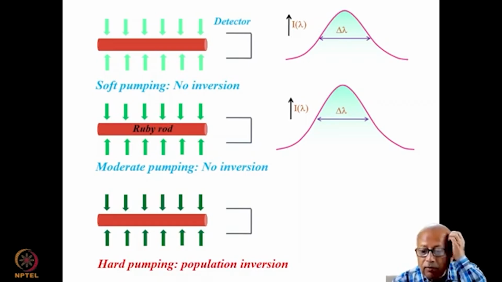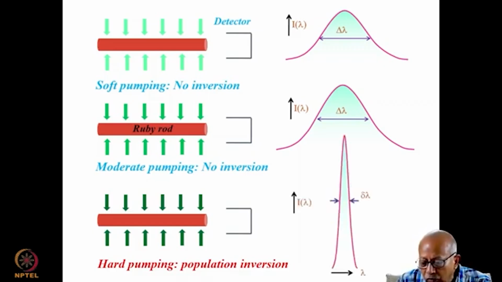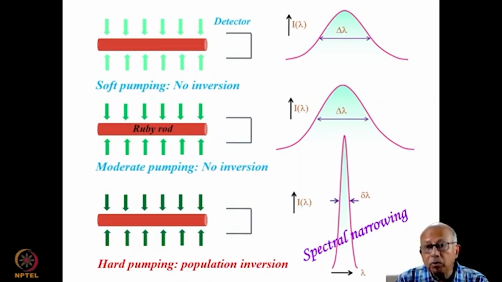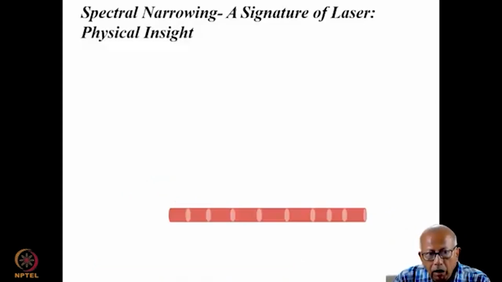And in this case, Maiman found a significant narrowing of the spectral width of the fluorescence, as the probability of stimulated emission at a given frequency increases with increasing presence of photons at that frequency. Maiman knew for sure that this spectral narrowing of the fluorescence is indeed a signature of amplification of light by stimulated emission of radiation.